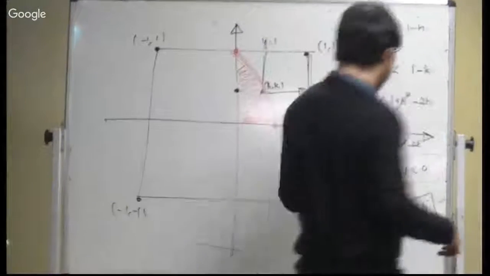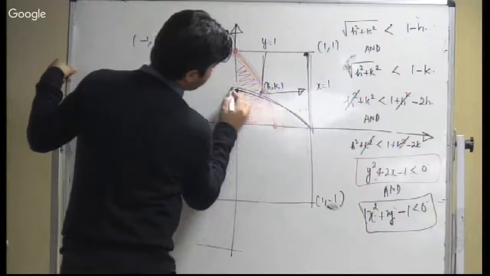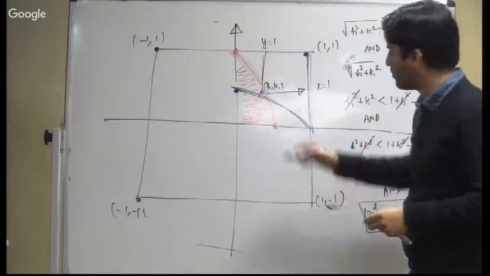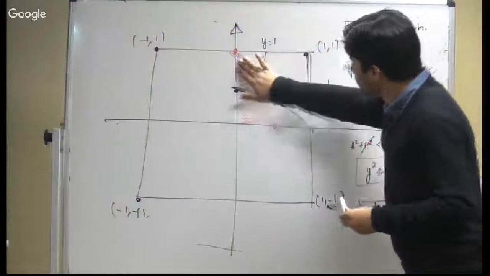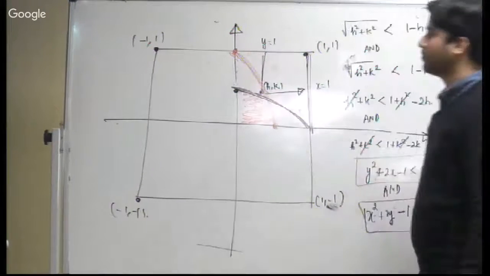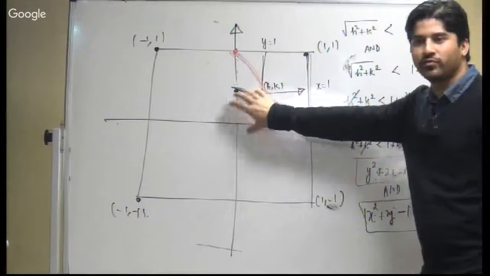And so which zone is my overall common favorable zone? This one. So whatever this area, 4 times will be my area.